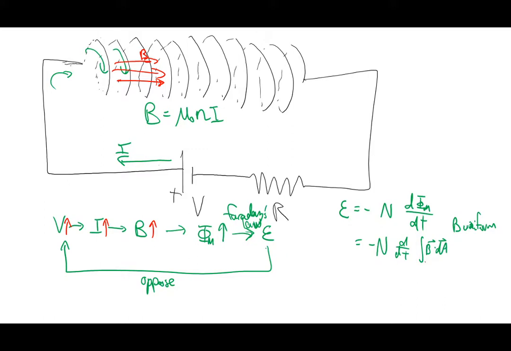All these things pop out, and then you're left with just dB/dt, which then gives you, in this case, μ and n, they're both constant, and you're just left with di/dt.